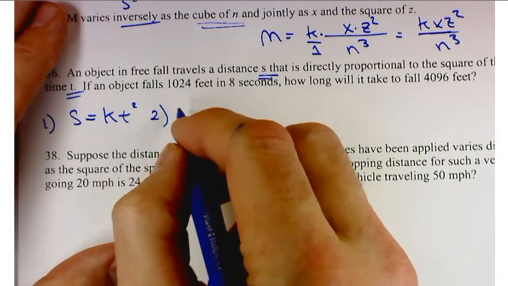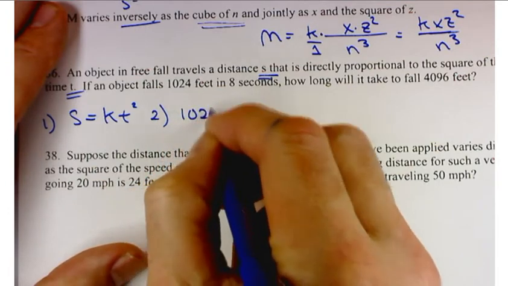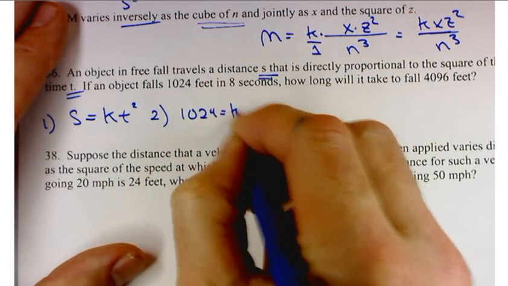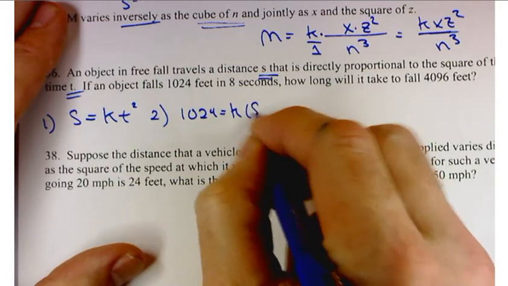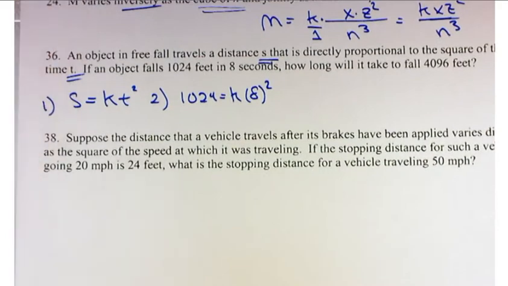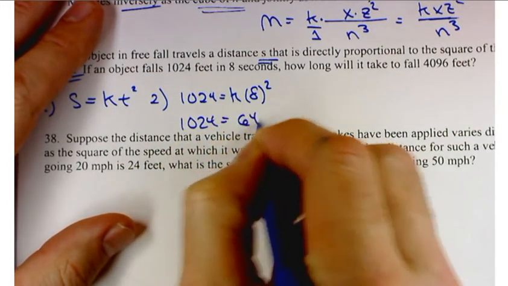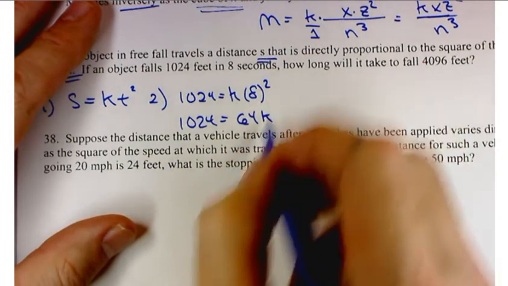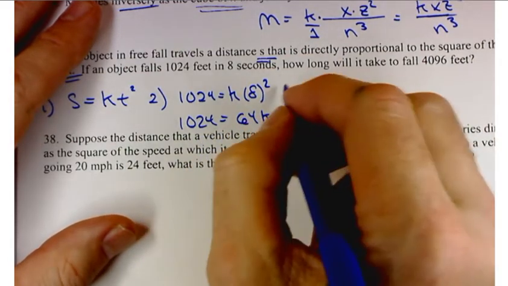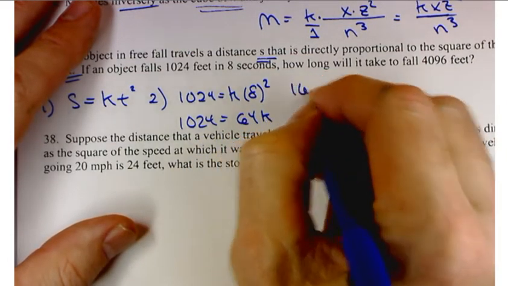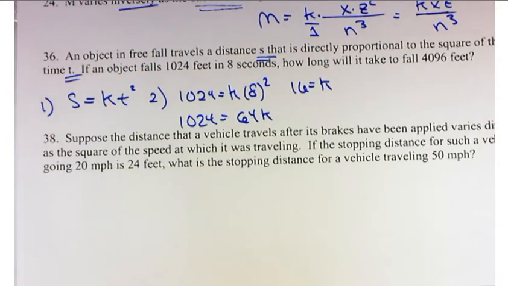Feet goes where s is. 1,024 equals k times 8 squared. 8 squared is 64. So we get 1,024 equals 64k. Divide both sides by 64, and I get 16 for k. Great. So that's the second step.